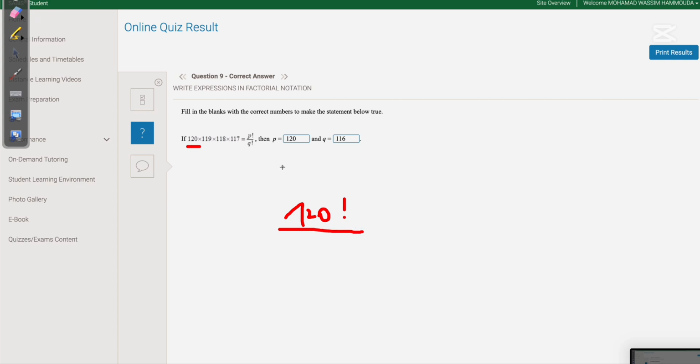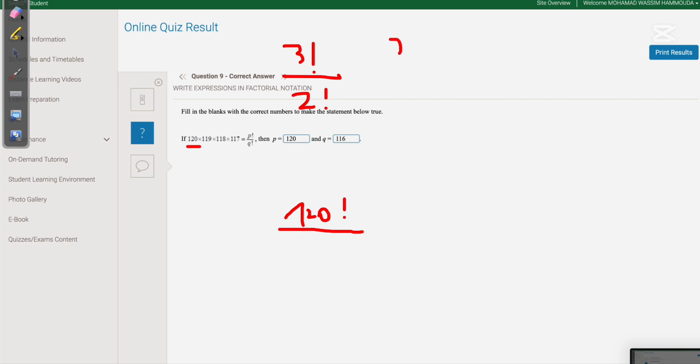Now to find q, this is the tough part of the question. Basically we continue the pattern one more time, because let's say we have 3 factorial over 2 factorial, right?